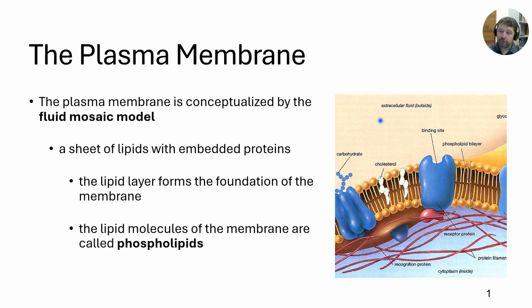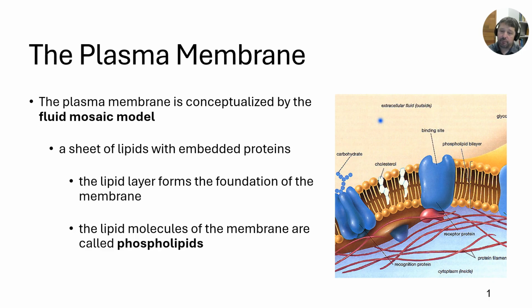Here are those proteins. So you have one protein here, it's got a binding site on it. If it's got a binding site, it probably means that things can enter the cell or exit the cell. So these are transmembrane transport proteins, so things can go in and out. Not all the proteins are associated with entering the cell or exiting the cell. Some are with self-recognition or just recognition by other things.